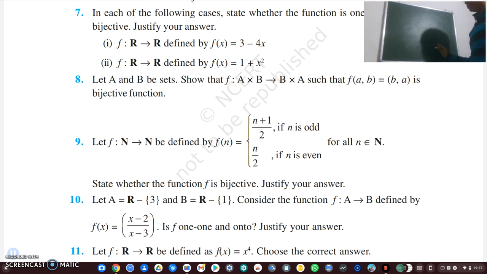Now it is 2087, and it gives this to the teacher. Then when the teacher checks this paper, the teacher receives that you have to check roll number 2087.